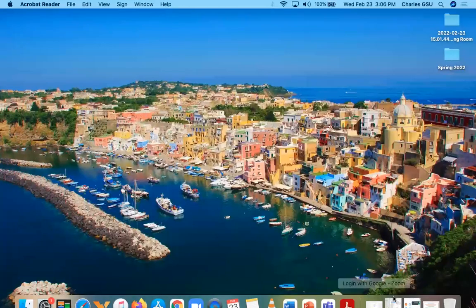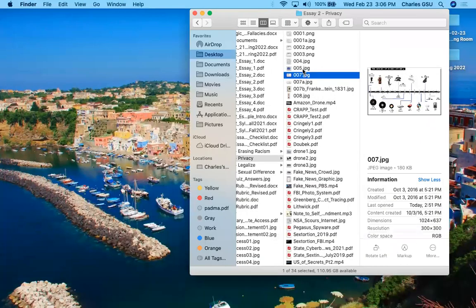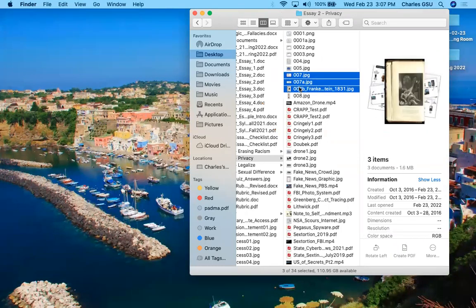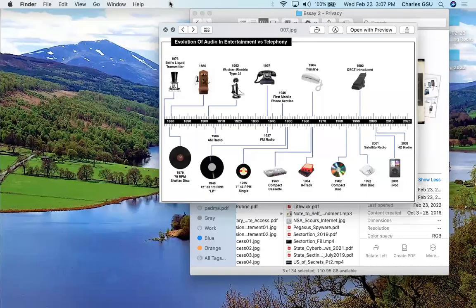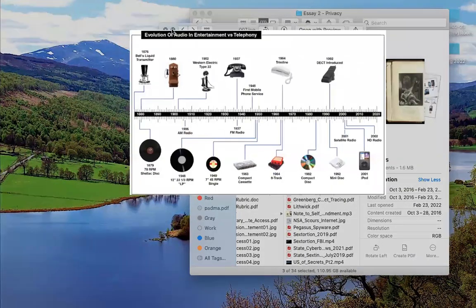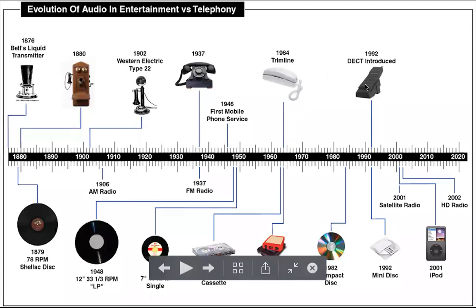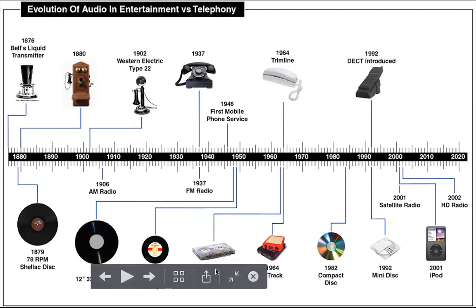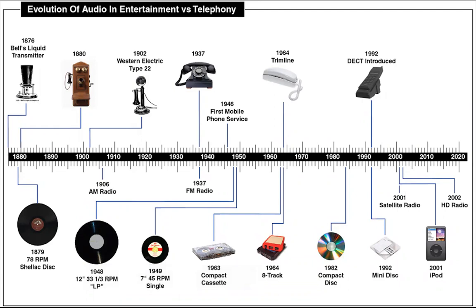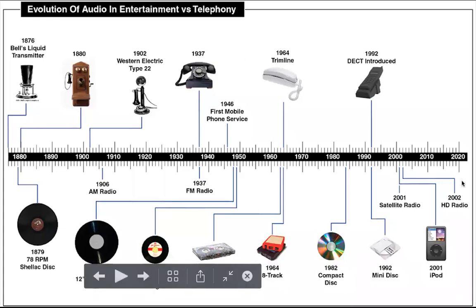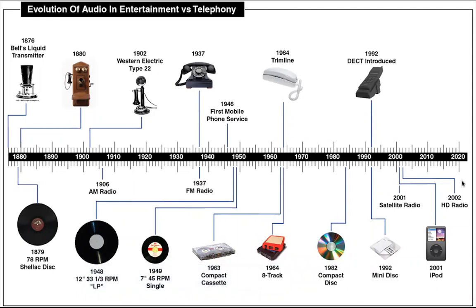So it's only been fairly recent, if you look at this chronology here, that the kind of technology we carry around with us all of the time, the smartphone as it's called, is very, very recent in terms of technological advancement.